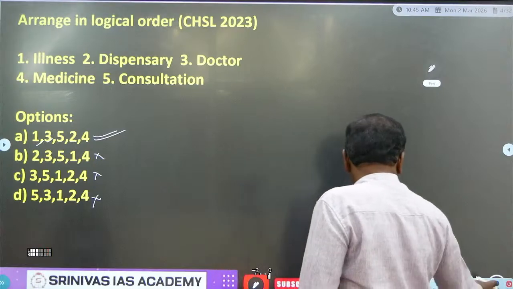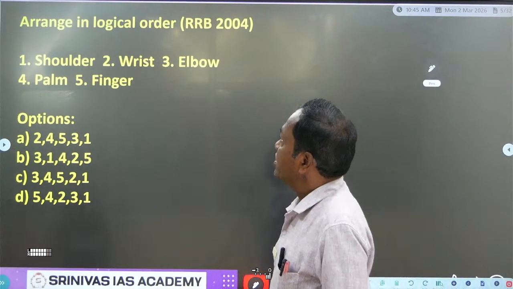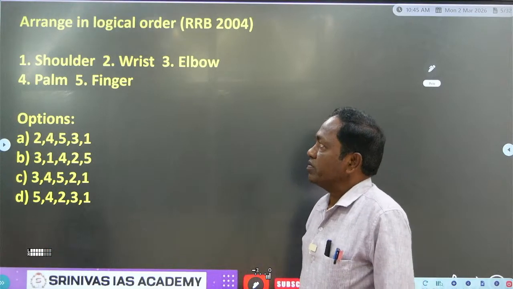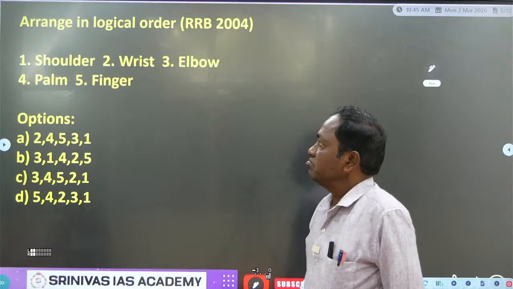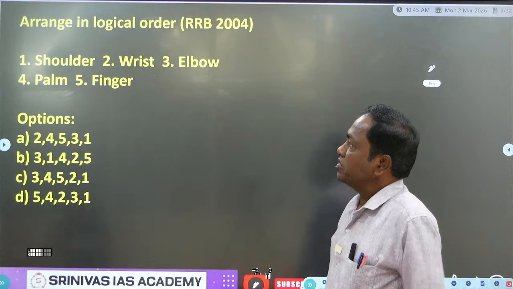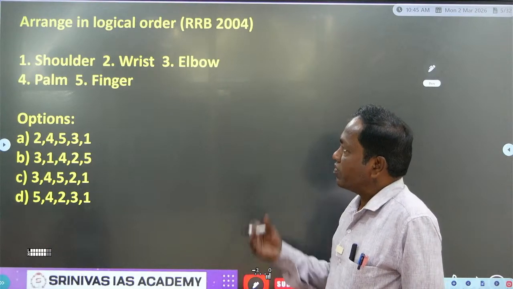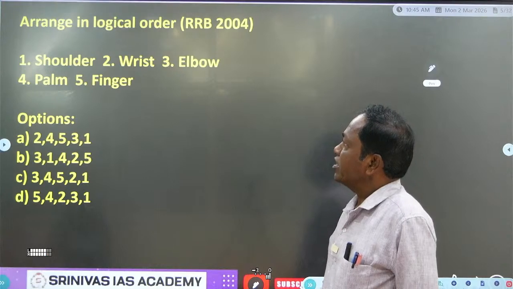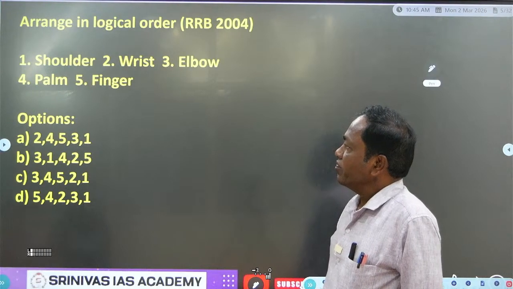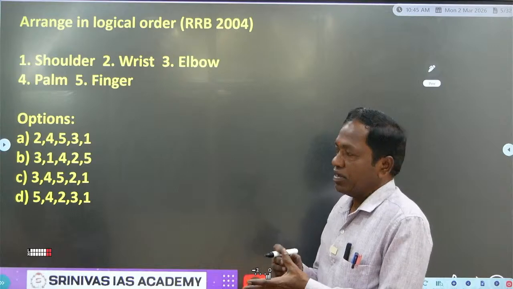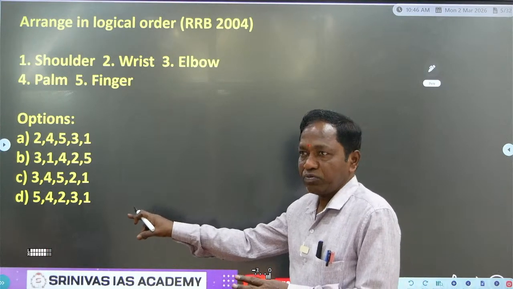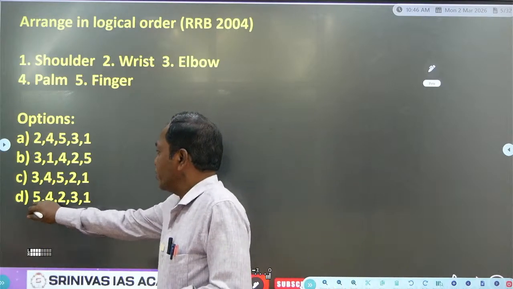And next, you can see shoulder, wrist, elbow, palm, finger. I think these are parts of the body. Maybe you can arrange the options from smaller to bigger, or from top to bottom. Let's start from finger, which is 5.